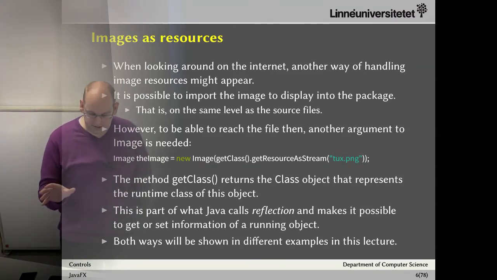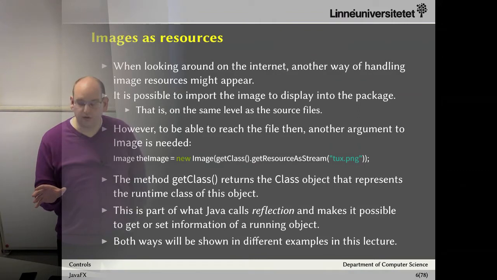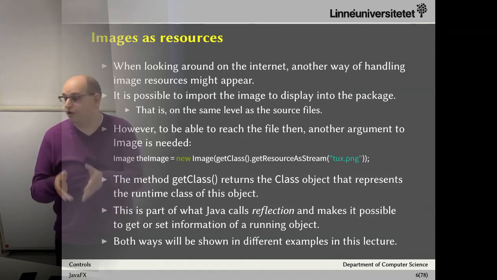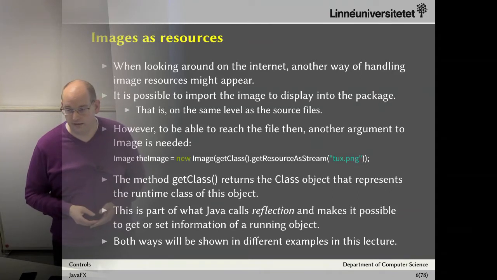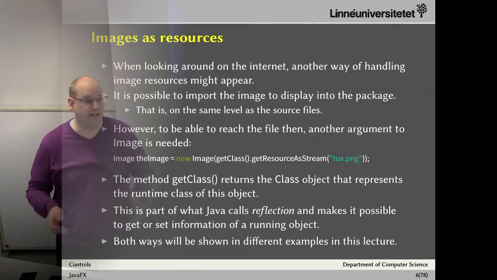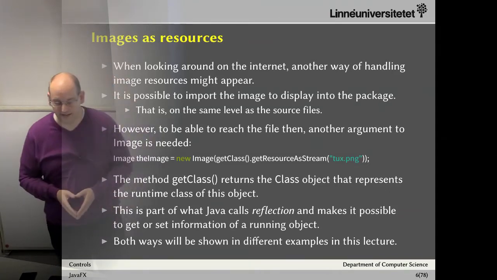Basically, it is reflection which calls out for the currently running class, or the object of this class, and it fetches this resource as a stream from within that one. I usually use this way of doing it, and don't really care much for what exactly that is.